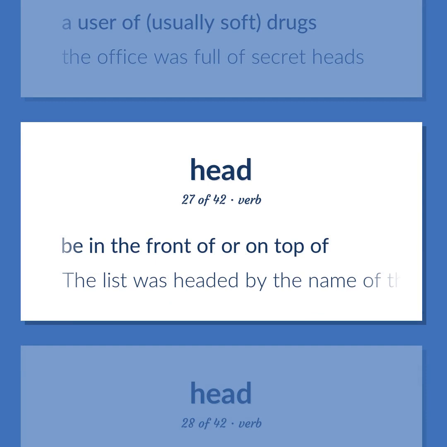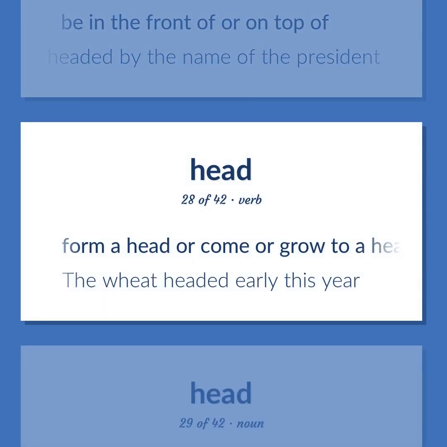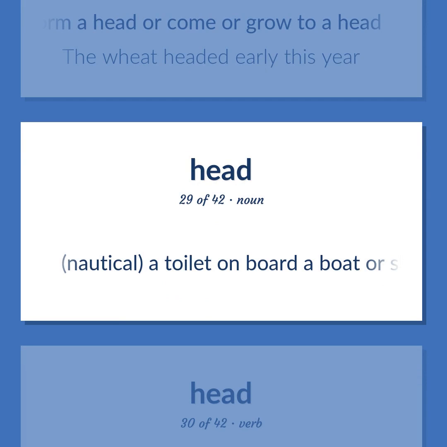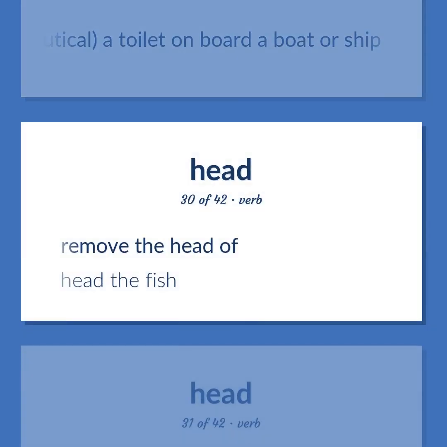Be in the front of or on top of. The list was headed by the name of the president. Form a head or come or grow to a head. The wheat headed early this year. Nautical, a toilet on board a boat or ship. Remove the head of.